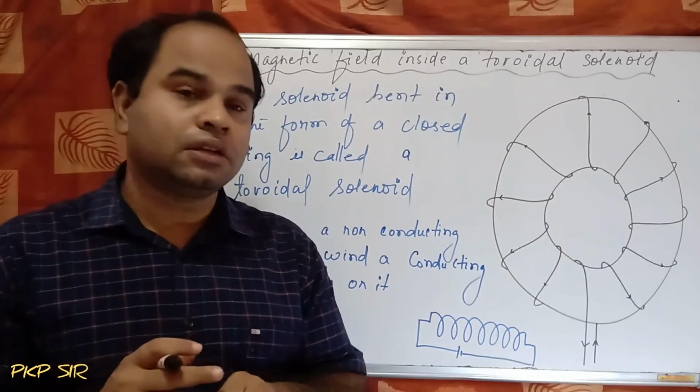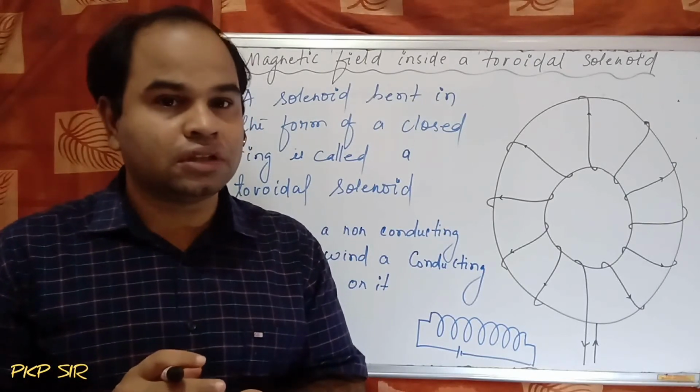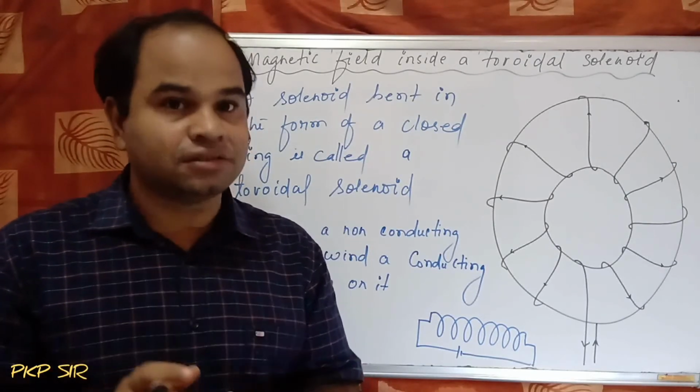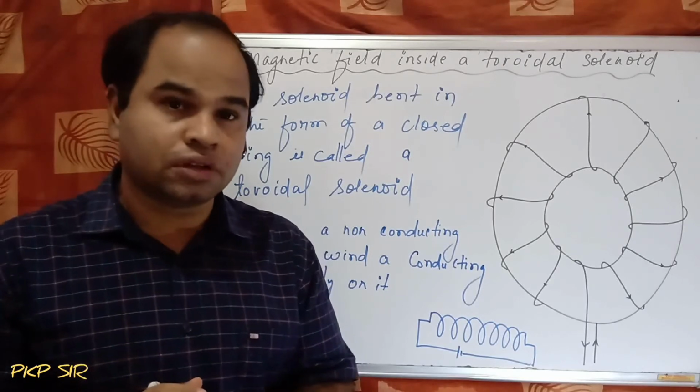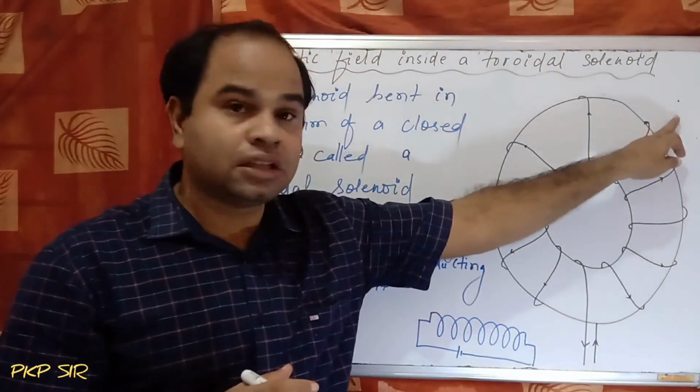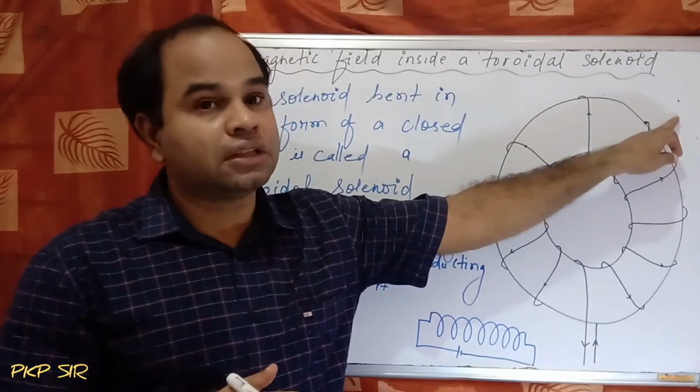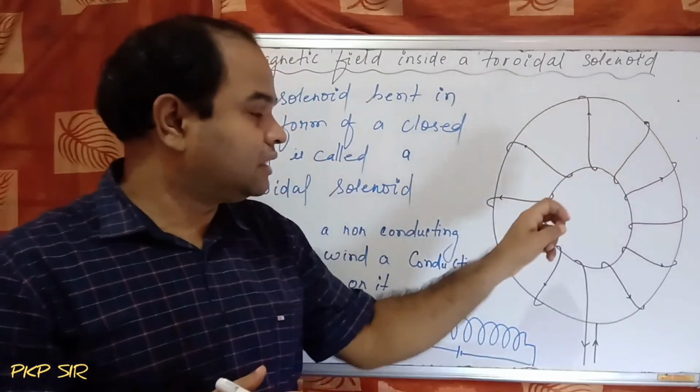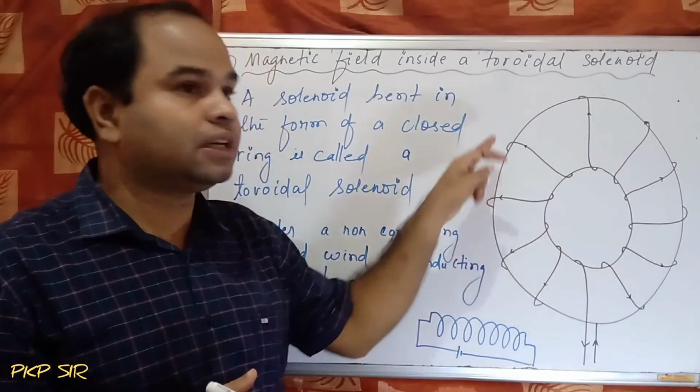And when the wires are very closely wound, then just like the solenoid, there will be no magnetic field outside the toroid, but there will be magnetic field inside the toroid.